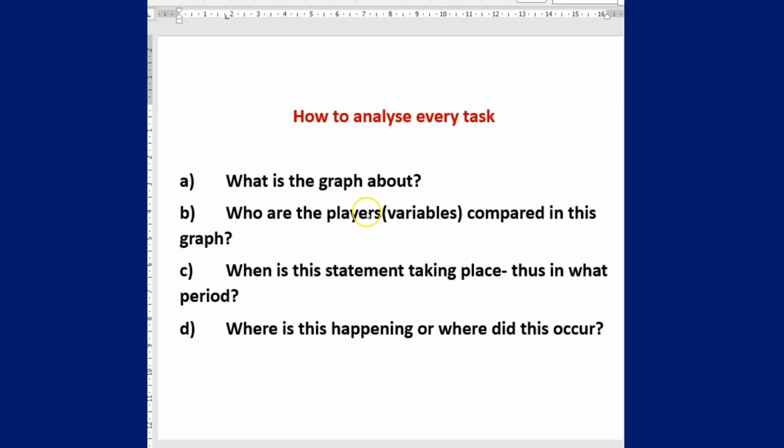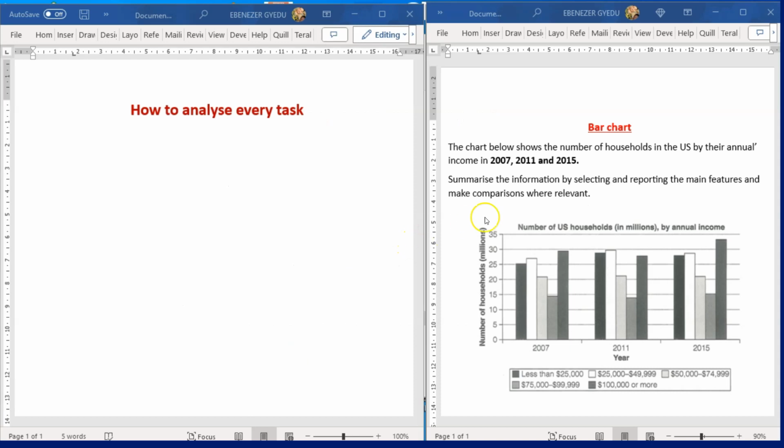So let's use these questions and the other things to look at how we can practice it and analyze our question. This will be our first question type, and this is an example.